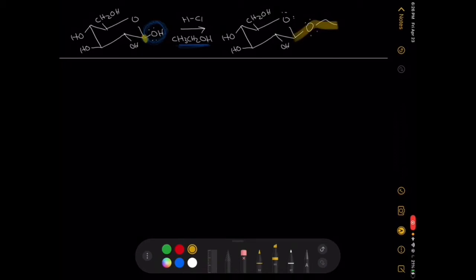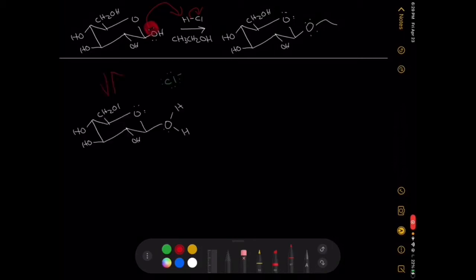And that's how you get this. In order for that to happen, these lone pairs have to grab this hydrogen and chloride has to leave. So let's see how that looks.